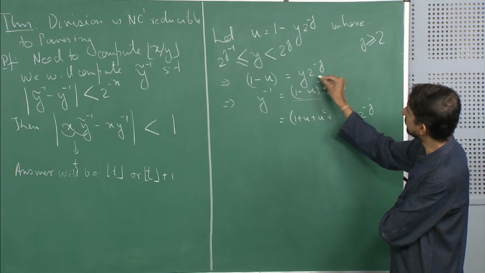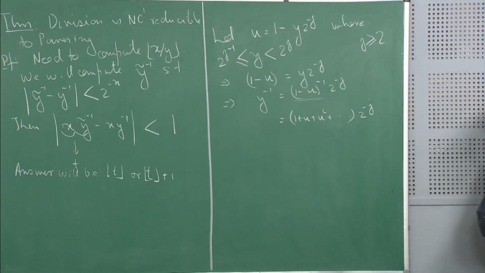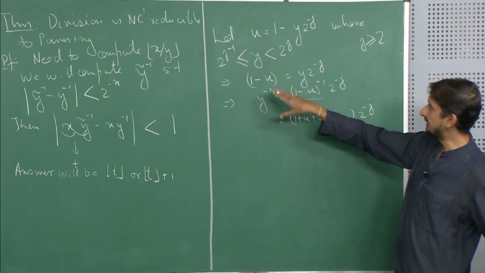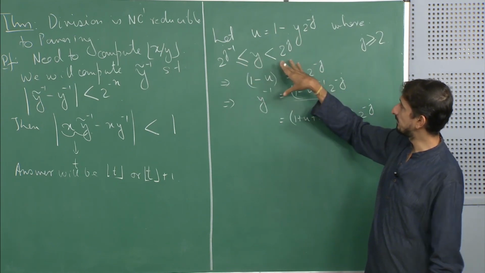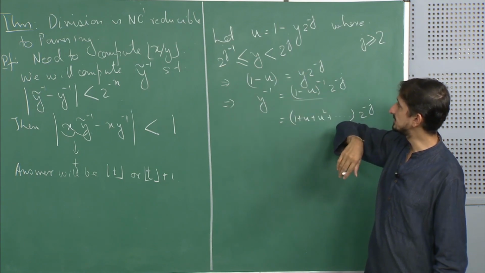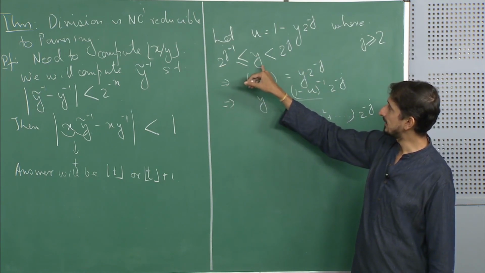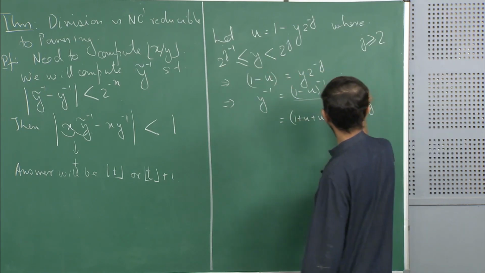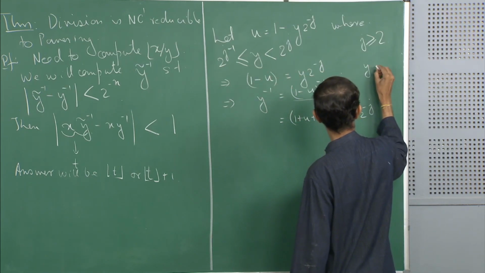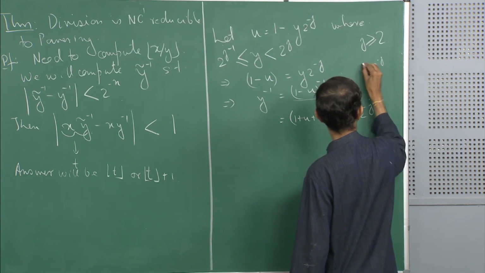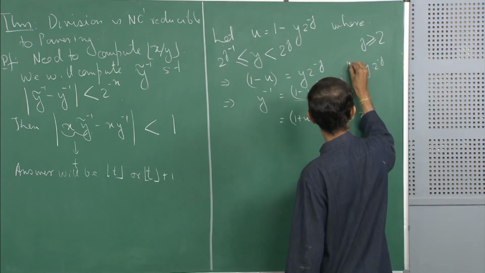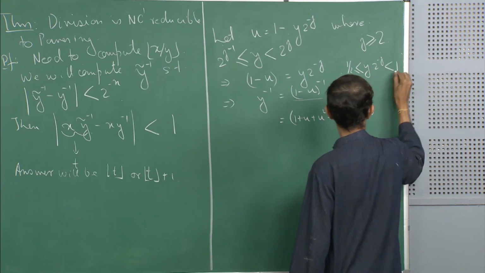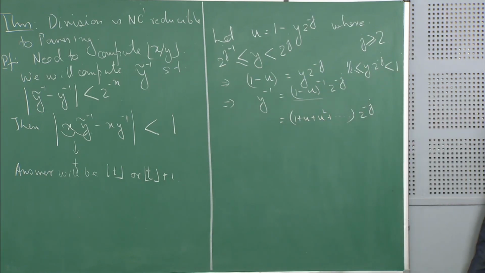what is the value of y into 2 to the power minus j? Okay. So, if I divide this entire expression by 2 to the power minus j, what I get is that y into 2 to the power minus j lies between, so this quantity, it lies between half and 1, right.